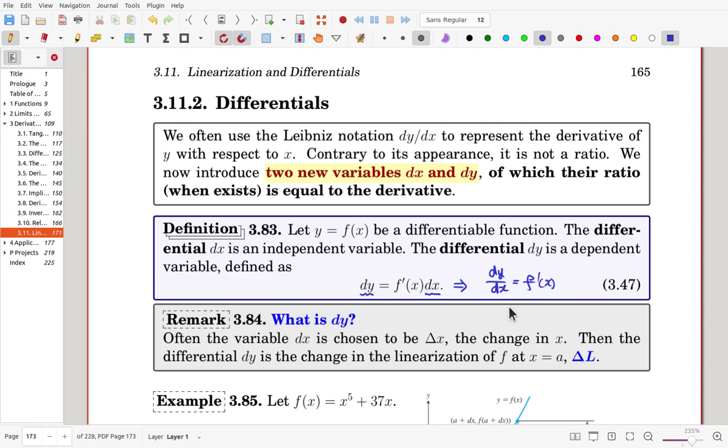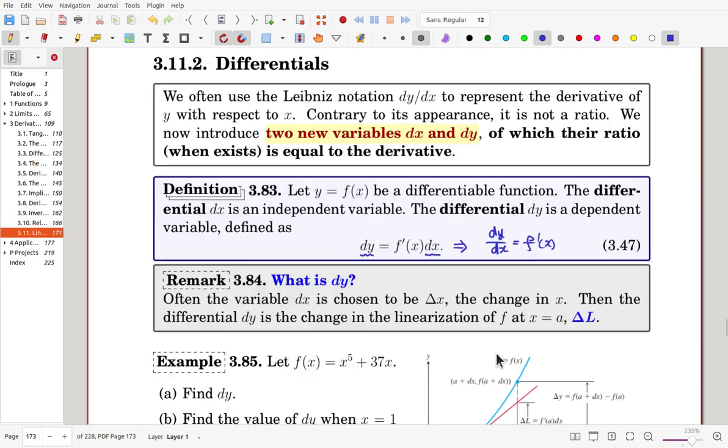Once we define it in this way, what is dy? That's the question. Often the variable dx is chosen to be delta x, the change in x. In this case, the differential dy is a change in the linearization of f, so that is delta L.